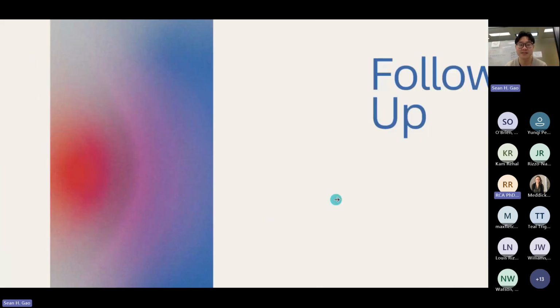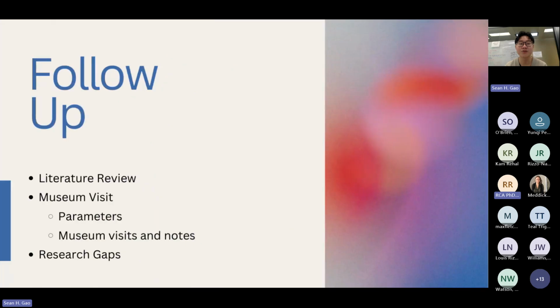Moving on to the follow-up parts, I specifically want to highlight the gaps. For instance, in some of the terms used in both Chinese and English, the translation does not perform that well.